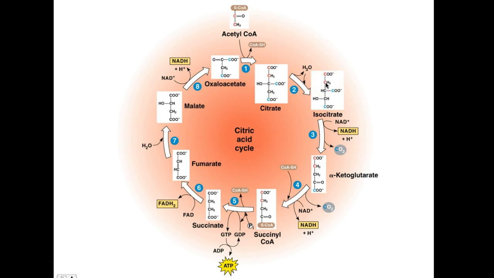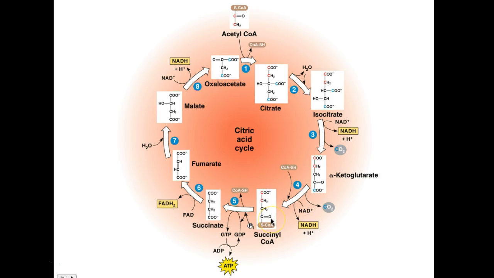So we form isocitrate, ketoglutarate, all the way down to succinyl CoA. Now, if we look at this, the conversion from citrate down to here is where we generate some CO2. So we have some loss of carbon there. We have some loss of carbon here. We form some NADH molecules here and here.